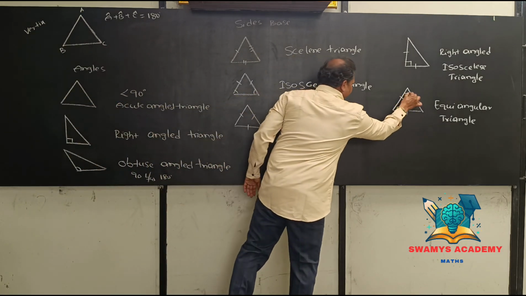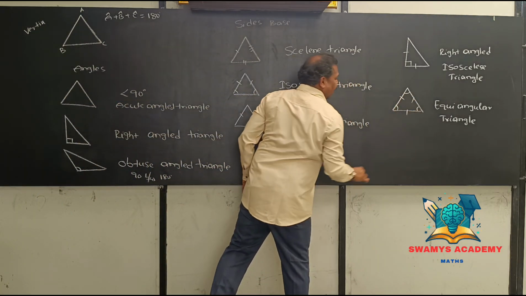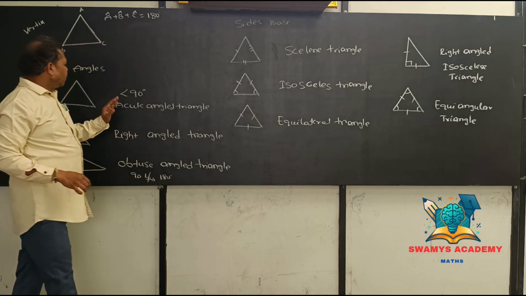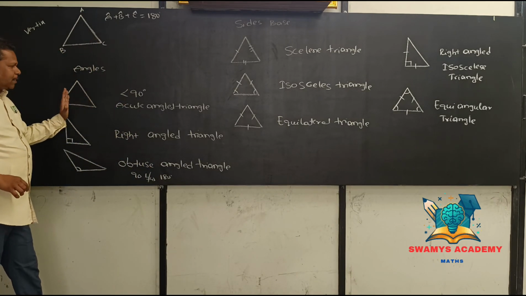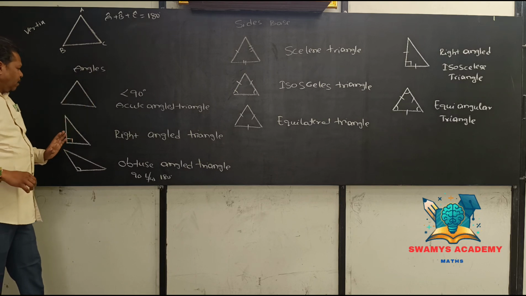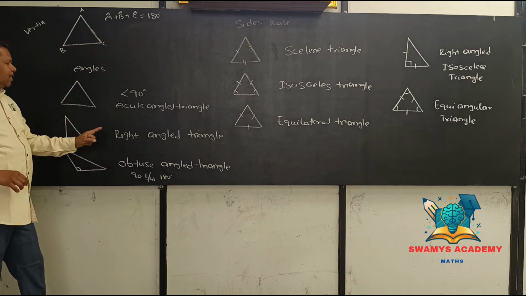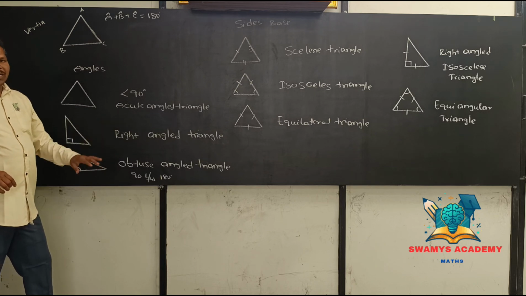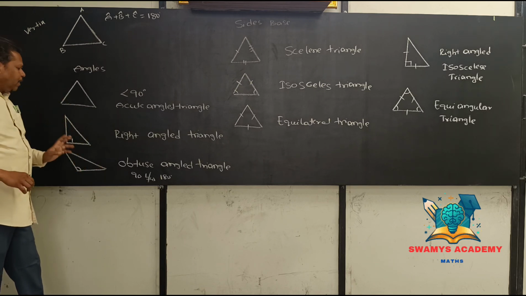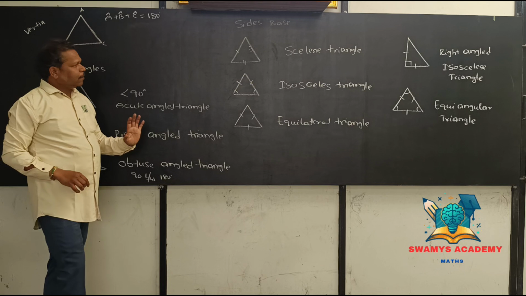In the equiangular triangle, sides will be equal, angles also will be equal. In the acute angle triangle, all the angles are below 90 degrees. One angle exactly 90 degrees is called the right angle triangle. Between 90 and 180 degrees, only one angle is possible. That is called an obtuse angle triangle.